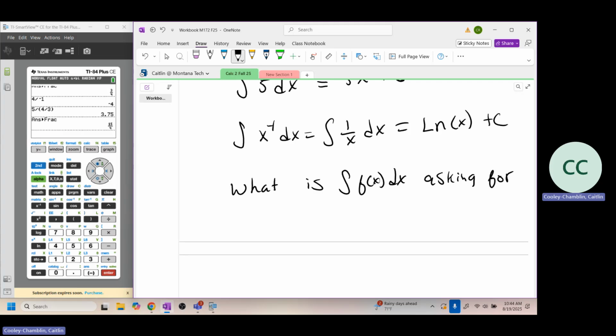I'm adding one, I'm dividing it. I can do this all day long, but what is it asking for? And that's what I really care about. So what you'll find about me through this entire course is that I'm curious what this question is asking for. What are you actually doing? I don't want you to become a computer and be able to just find the antiderivative, but what is it asking for?